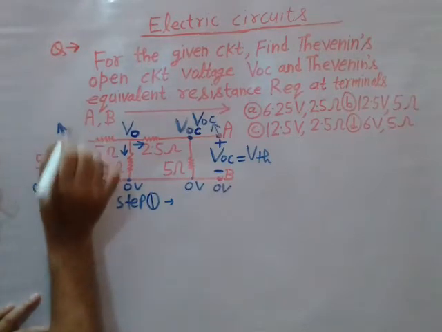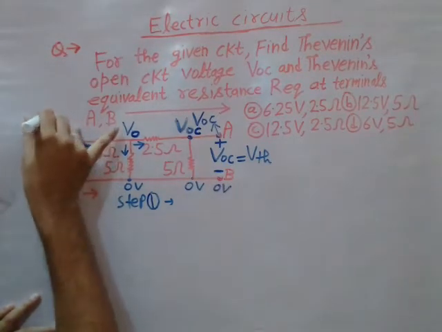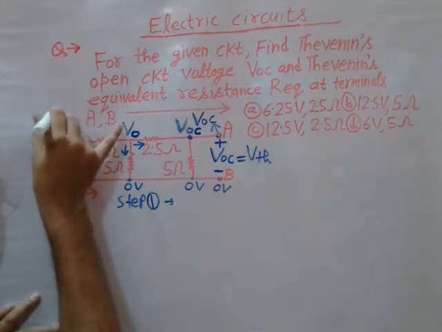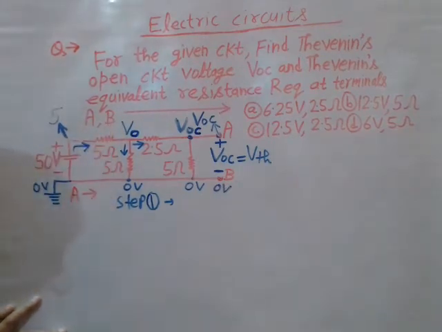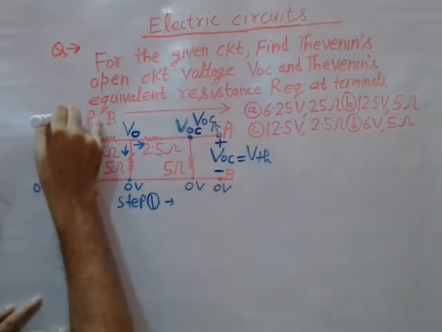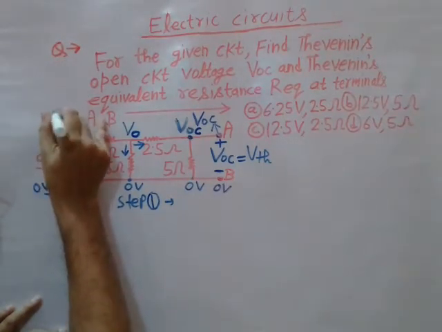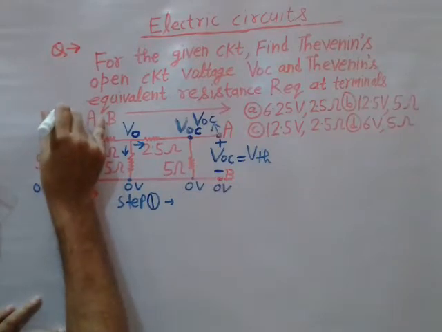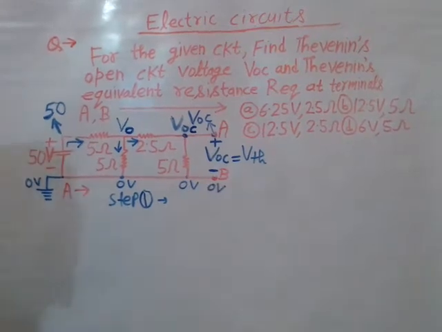So the positive sign indicates that the potential of this node is higher by 50 volts. So this is the potential of this node, 50 volts. Okay.